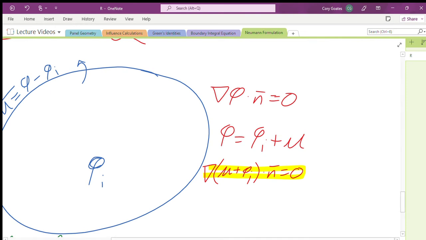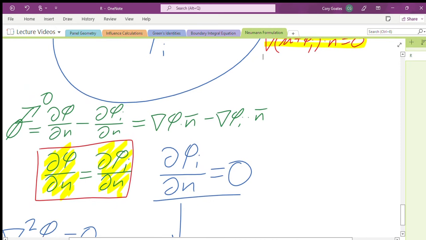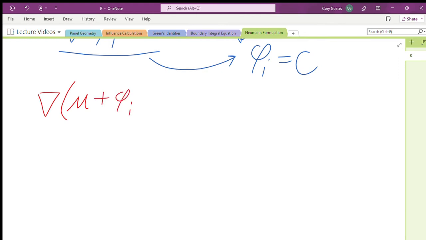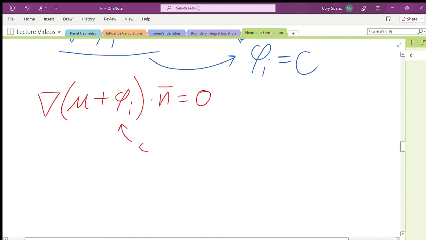And so, if I bring that down here, grad of mu plus phi sub I dotted with n is equal to 0. Well, if phi sub I is a constant, what's the gradient of a constant? That's just always 0. And so, no matter what phi sub I is, this equation is always satisfied.